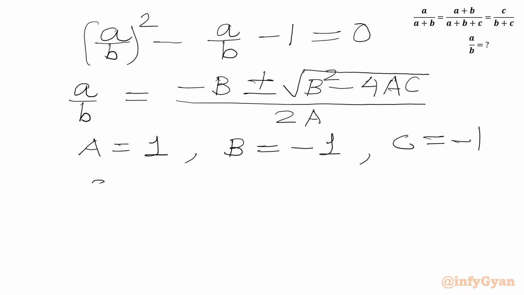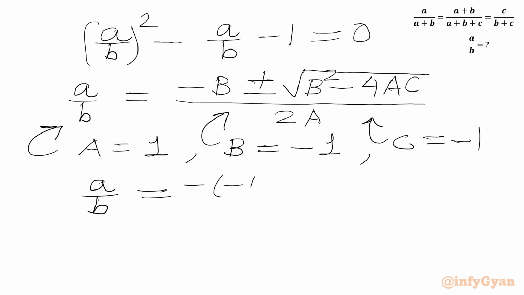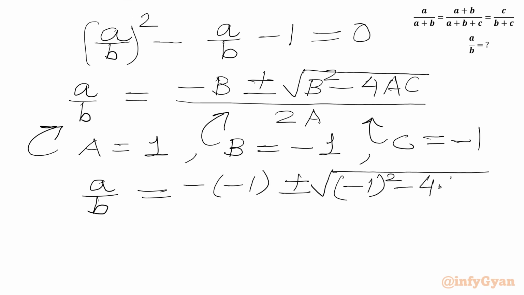Now we are going to write the value of a over b by just plugging in the values of A, B and C. We will get minus of minus 1 plus minus square root of minus 1 square minus 4 times 1 times minus 1, over 2 times 1.